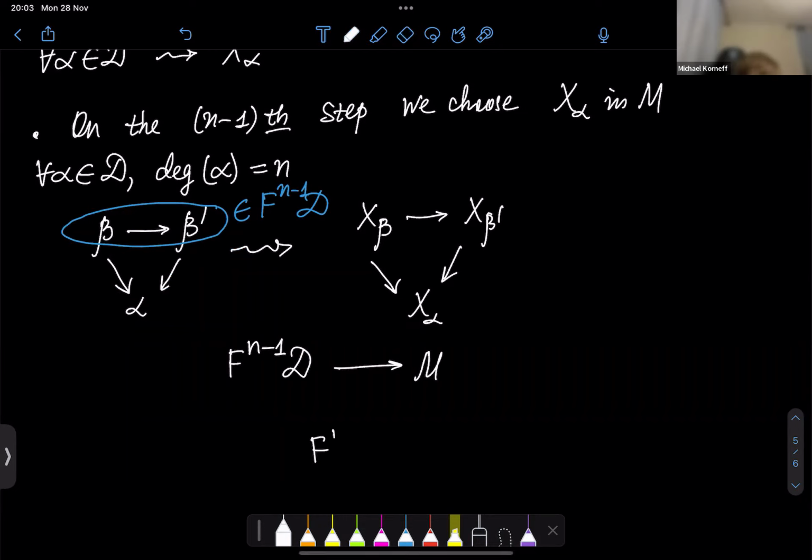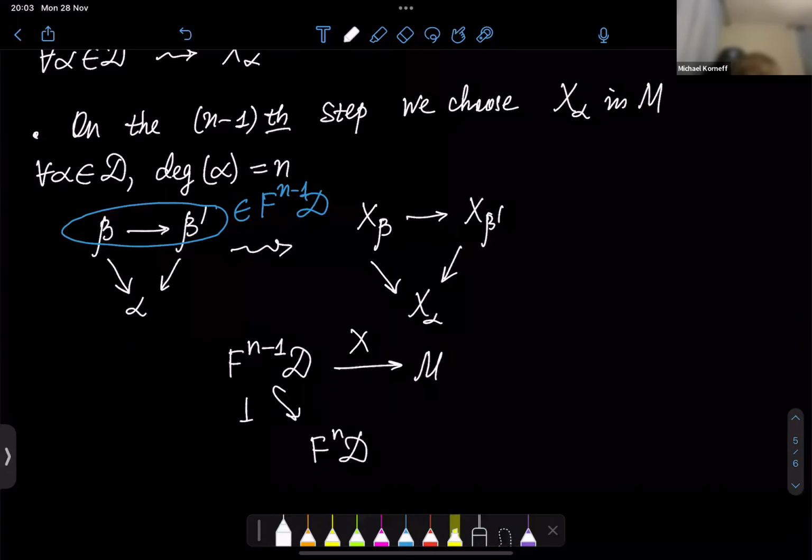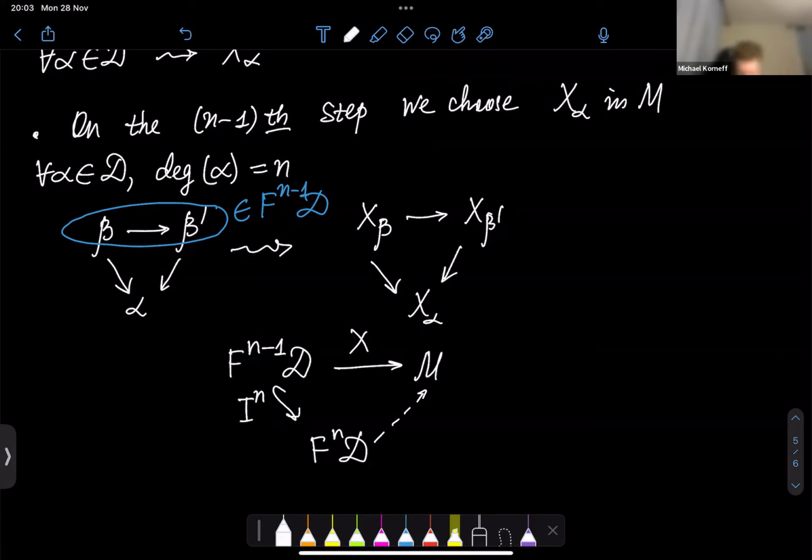We can extend the functor f along the inclusion I, and it gives us the desired extension.